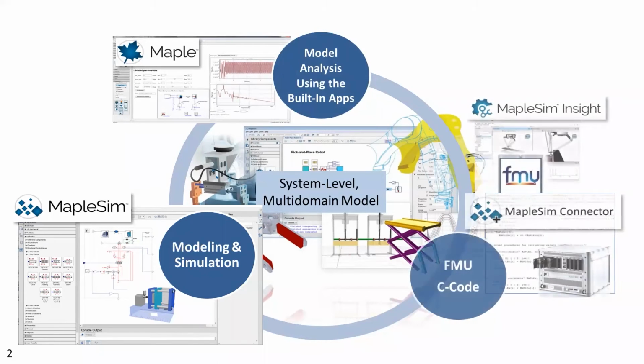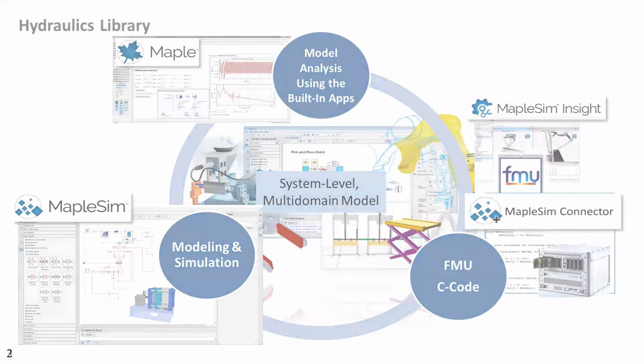Finally, the MapleSim connector option allows you to export the built and analyzed model to an FMU or an SQL, which can be placed into different software. You can also visualize the exported FMU in the tool by using the MapleSim Insight package as well.